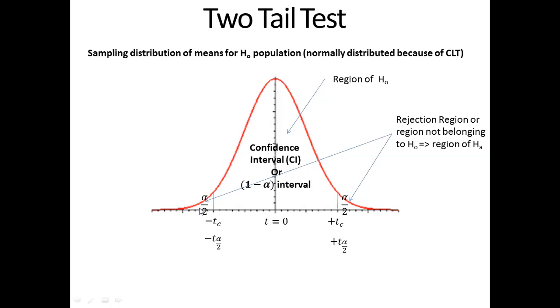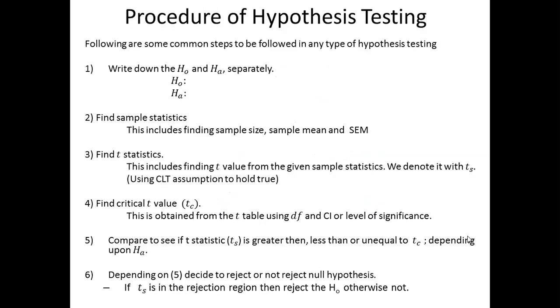And when this happens, we would have enough statistical confidence that we can reject the null hypothesis, right? So it's a very important step to understand, this last step number six, that depending on whether this TS is lying in the rejection region or in the no rejection region, we decide whether we have to reject the null hypothesis or not reject the null hypothesis respectively.